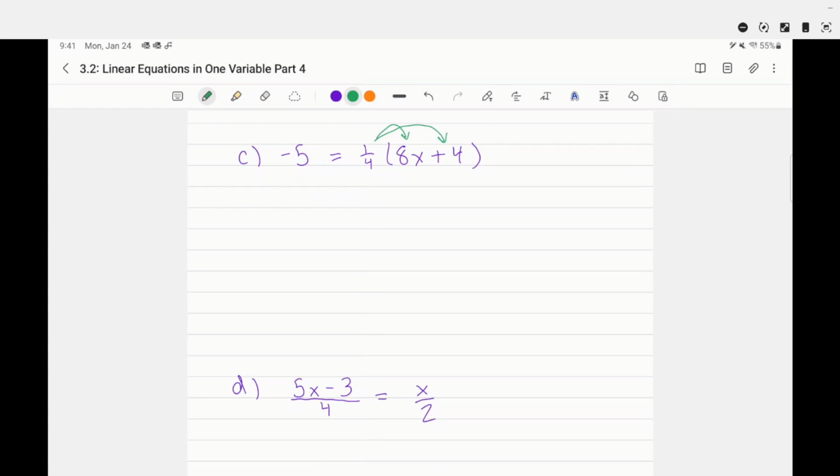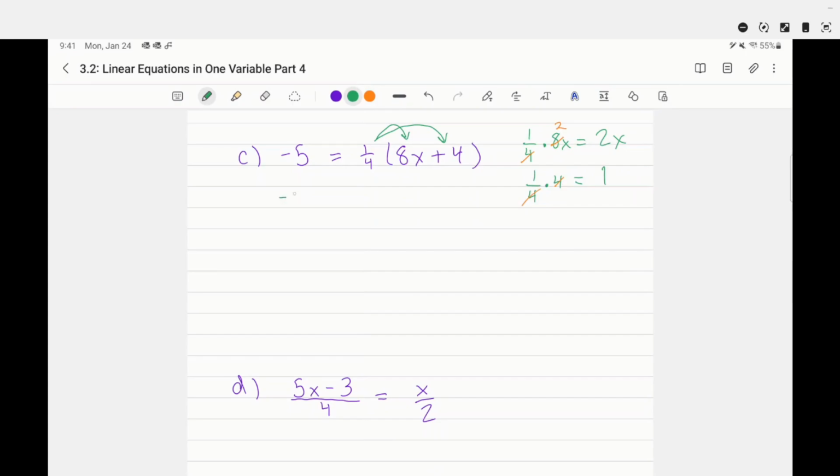I'm going to do that off to the side. So 1/4 times 8x equals, well, the 4 reduces the 8 to a 2, so we're left with 2x. And then 1/4 times 4 equals, well, the 4 cancels out the 4, so we're left with 1.